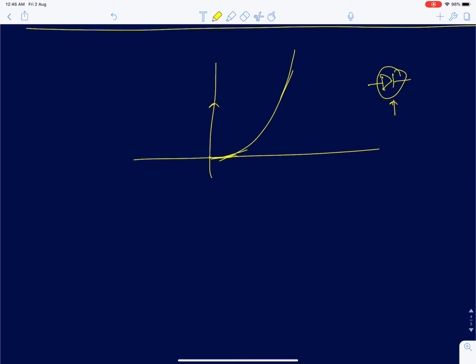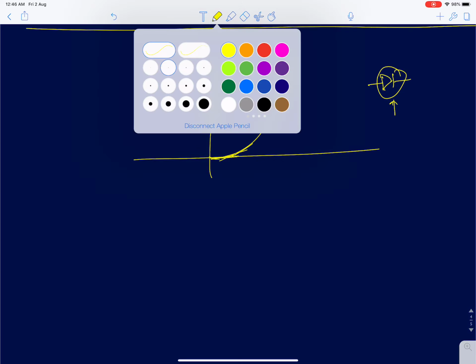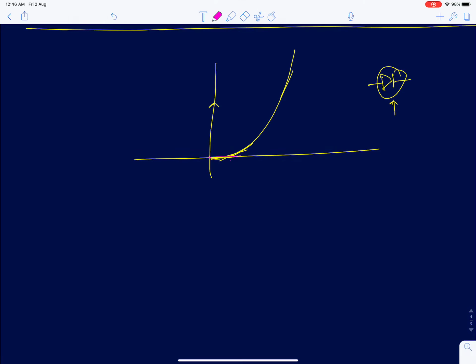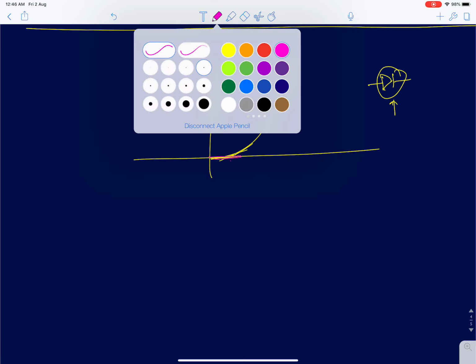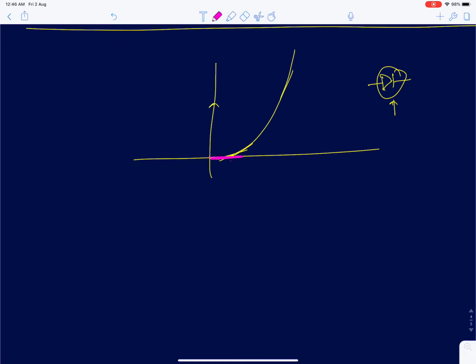One way is, if I can somehow model this equation, in this range I can have a model with a certain slope, and then in a different range, I'm going to call these V gamma 1 and V gamma 2.